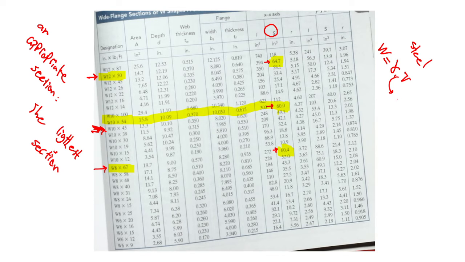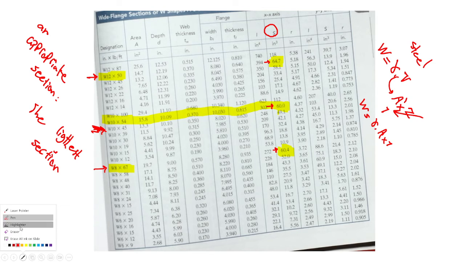V is the area A times, for example, Z, the other dimension, which is equal to unit, because that's for a unit of length. So W is gamma times the area times 1.